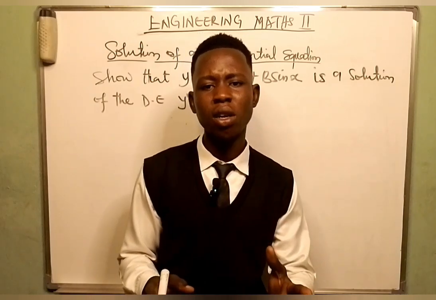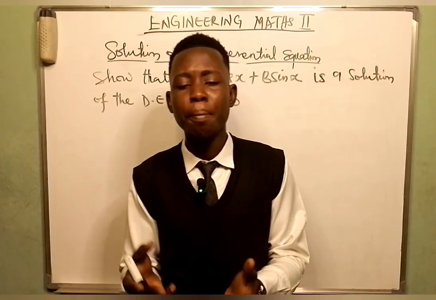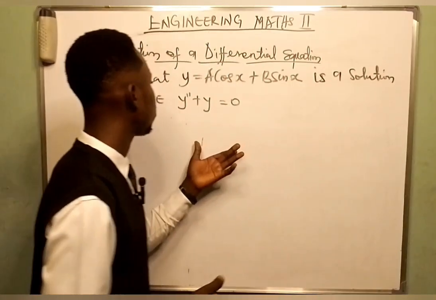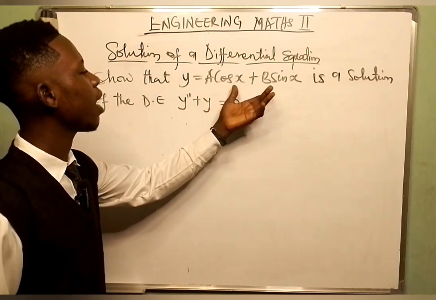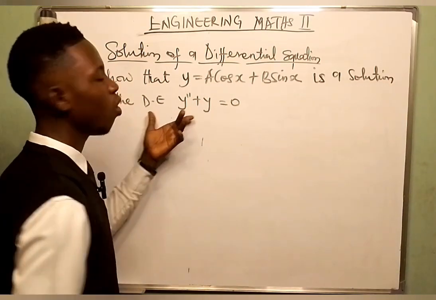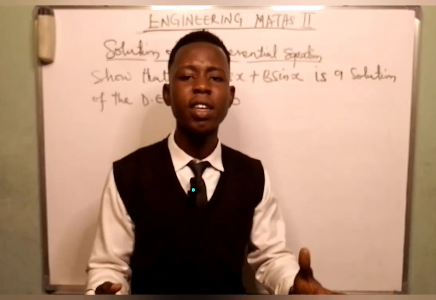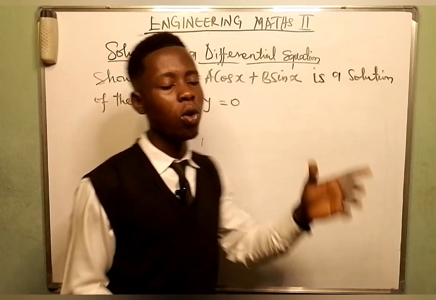A general solution is a solution that does not satisfy a given boundary or initial condition. Just as you see here on the board, we are just given an equation to show that a cos x plus b sin x is a solution of the differential equation. We are not given any other value or condition to follow.